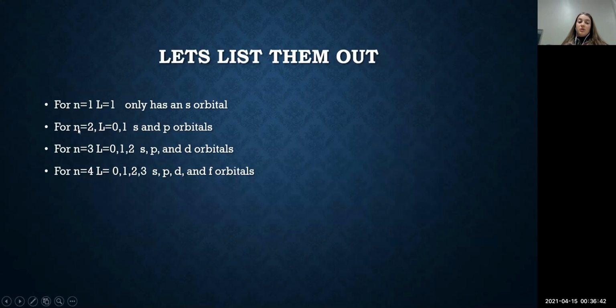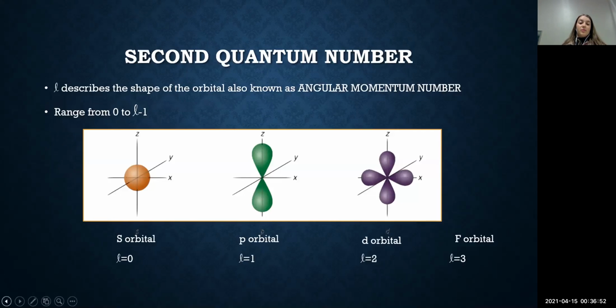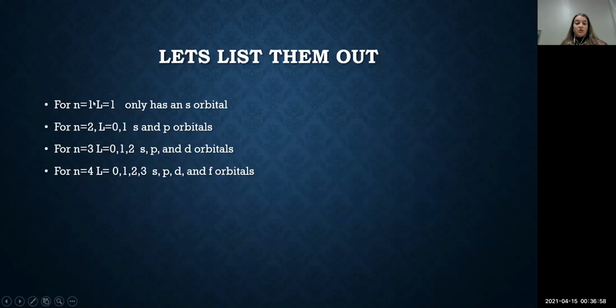So for N equals 2, we have L equals 0 and 1. So N is almost like the number of L numbers that we'll have, or the number of corresponding shapes that it will be. So for N equals 1, there will be an s orbital. For N equals 2, there will be s and p orbitals.